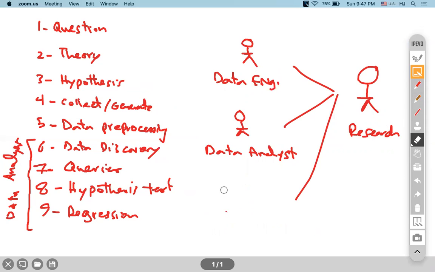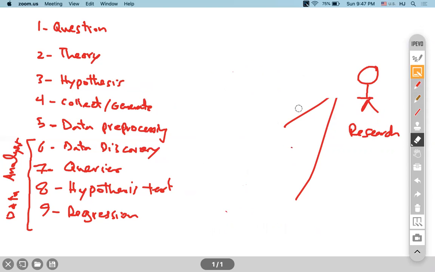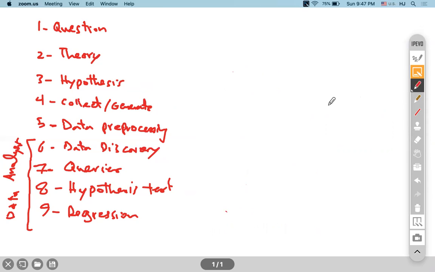Just remove this part. I'll try to show you the full picture again. Okay.